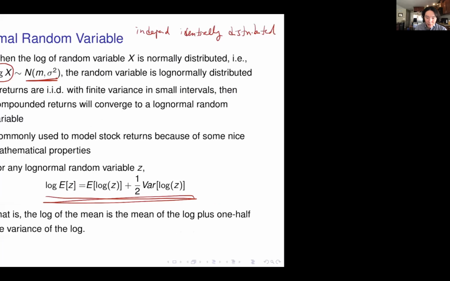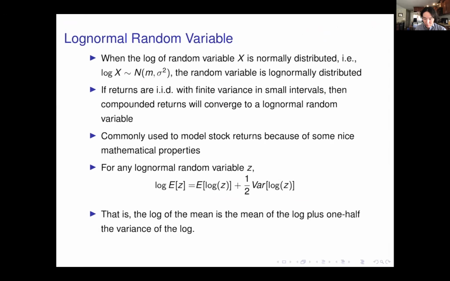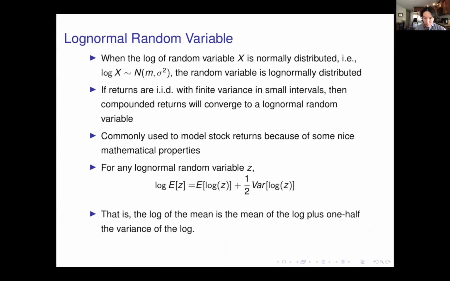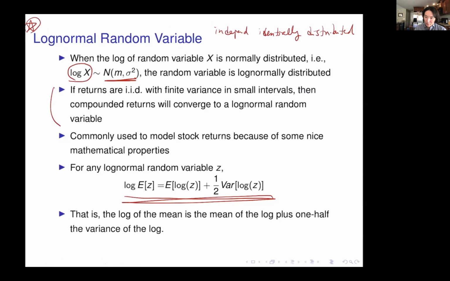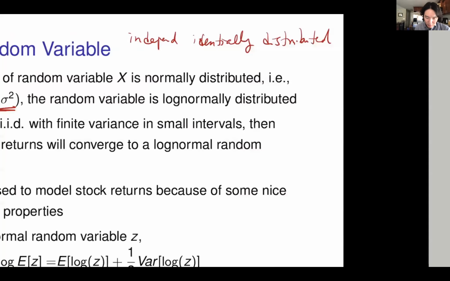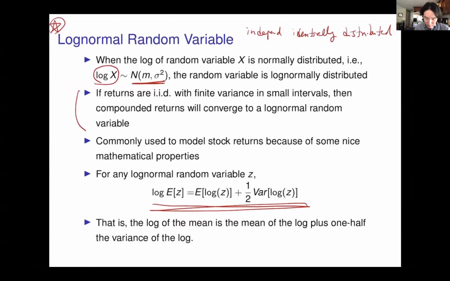In other words, suppose random variable Z is log normal. In other words, log of Z has mean 0.